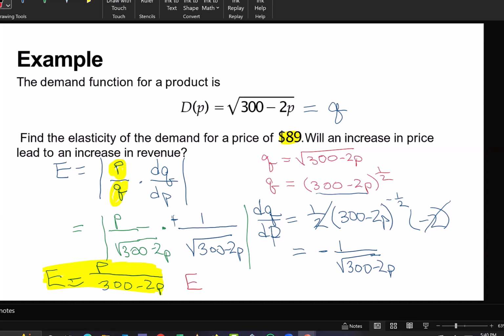E is equal to 89 divided by 300 minus 2 times 89, which is equal to 89 divided by 300 minus 178, which is equal to 89 divided by 122, which is less than 1. Since it's less than 1, it's inelastic.